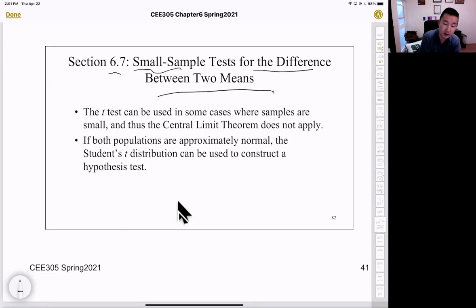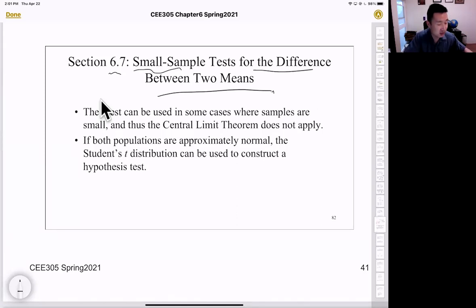Thursday next week, the 29th, we will do the last chapter, chapter 7, which is pretty short. Then the last class of the semester is April 4th. We will do the final review before the final exam.